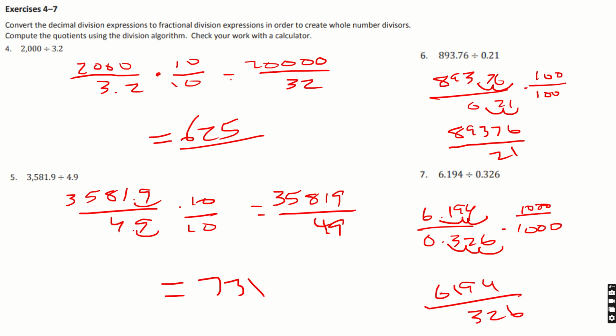And 89,376 divided by 21 is exactly 4,256. And my last one here, 6,194 divided by 326 is exactly 19.